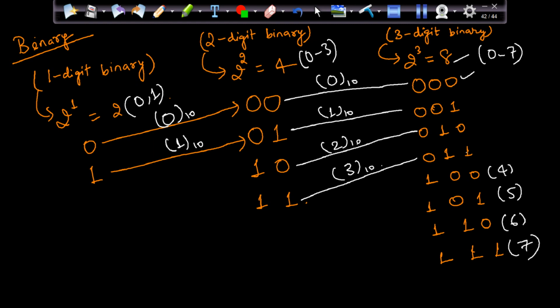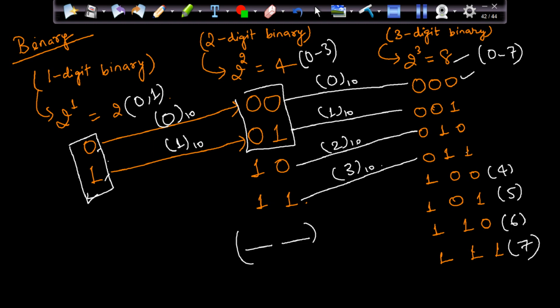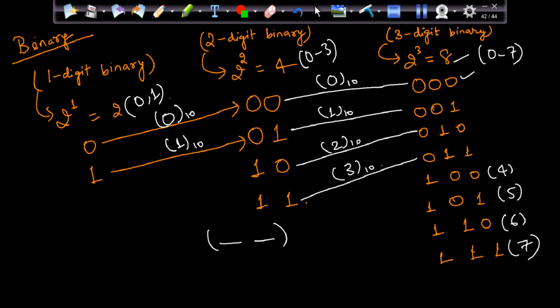In 2-digit binary, it will include all the numbers that are there already in 1-digit numbers. 0 and 1 will also be here. Okay. Plus it will include those numbers that you cannot represent using 1 digit only. If you have 2-digit binary, what is the range of 2-digit binary?